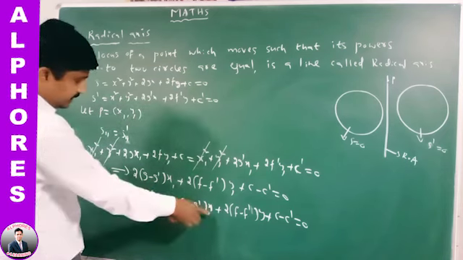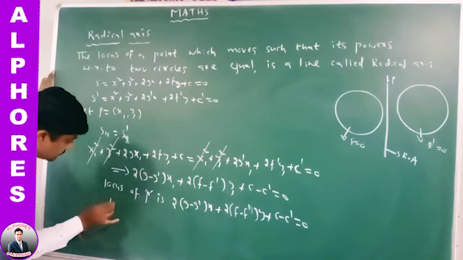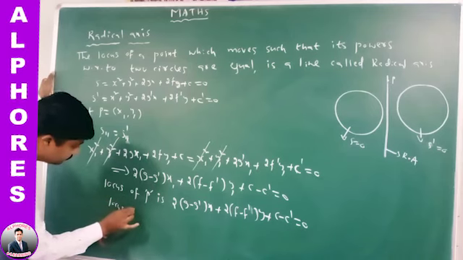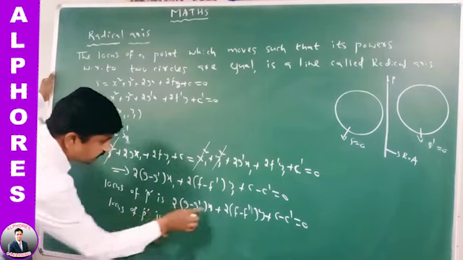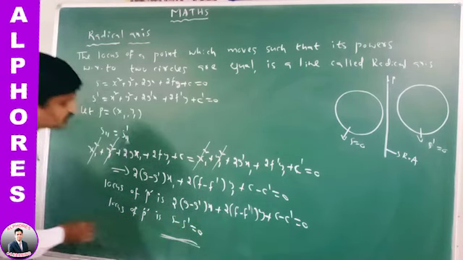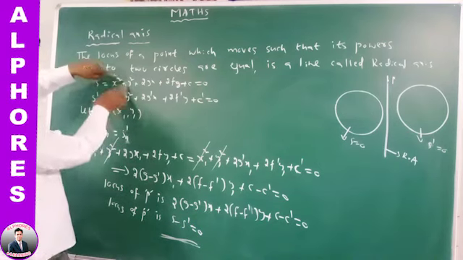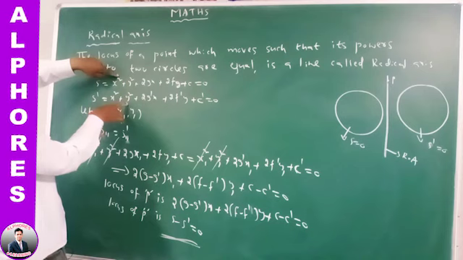Here, this is written as the locus of P equal to S minus S dash equal to 0. In S minus S dash, x square cancels and y square cancels.